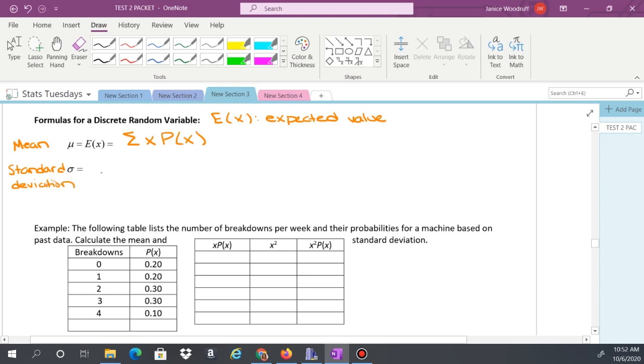Okay, that formula is going to be the square root of the sum of X squared times P of X minus the mean squared. And then because standard deviation is the square root of the variance, if I wanted to find the variance, I would just take the standard deviation and square it.